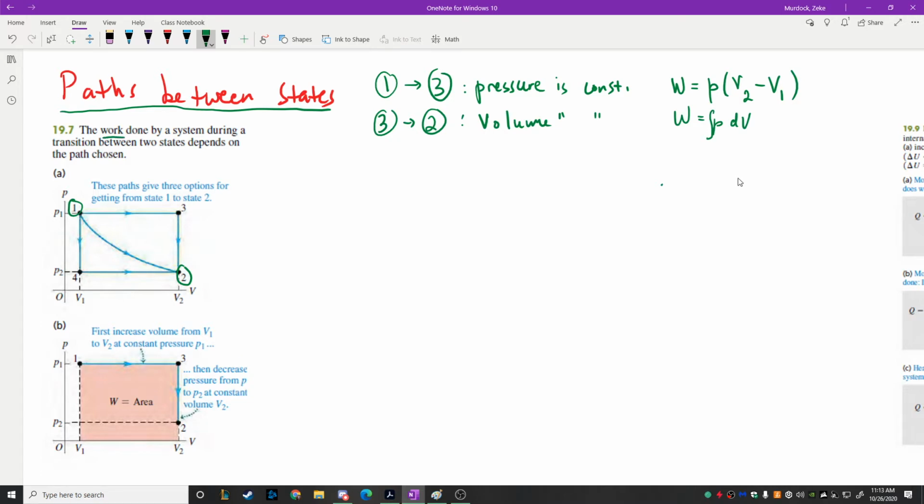In each case, the work done by the system during this transition depends on which path we go along.